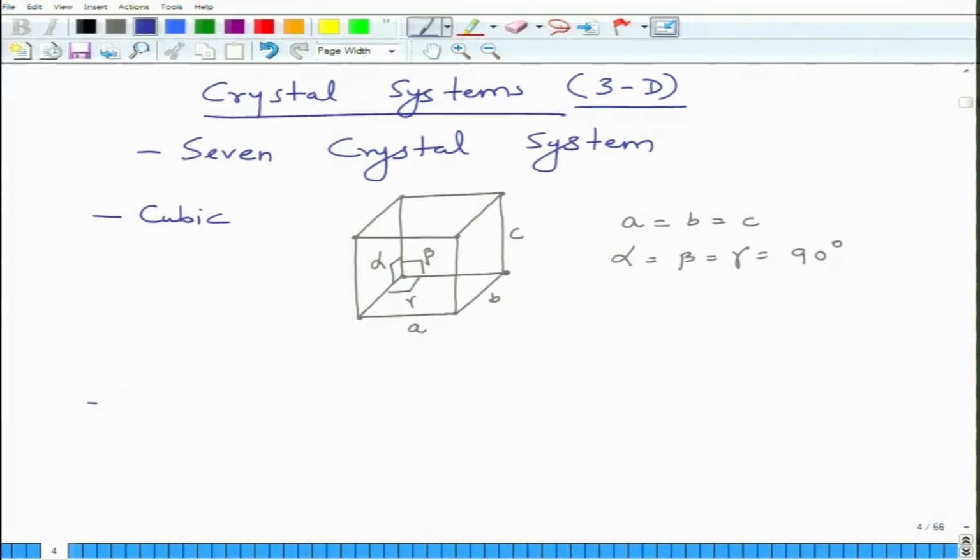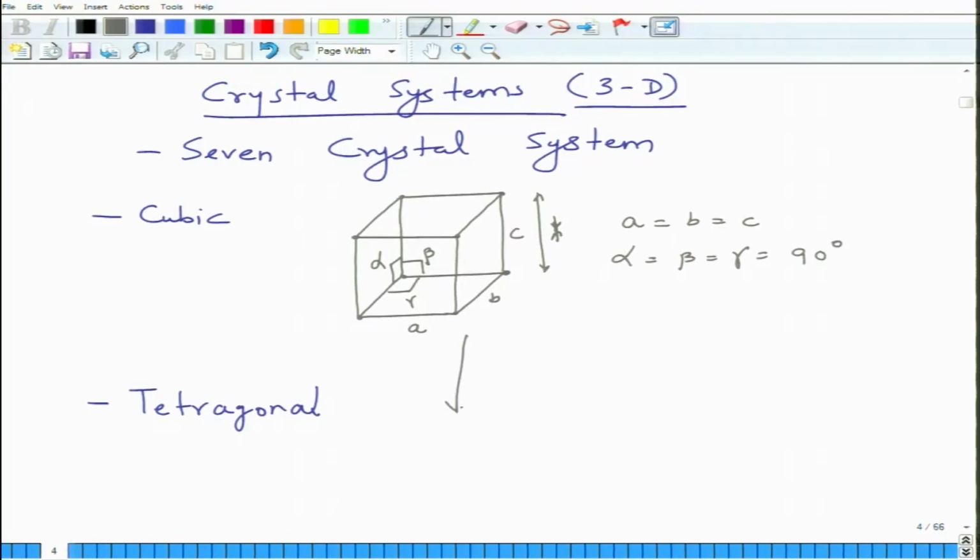The second choice is a slight distortion of cubic, which is called tetragonal. Here your unit cell is slightly distorted. Basically you extend or compress c a little bit as compared to the cubic case.